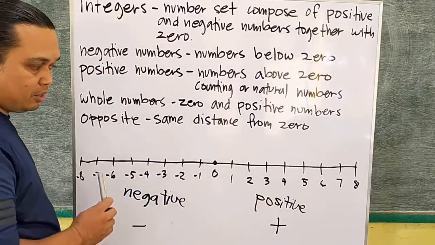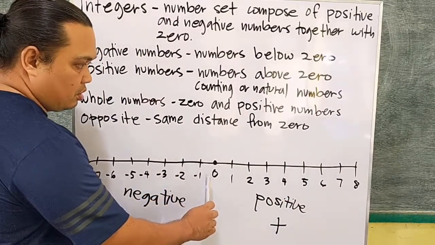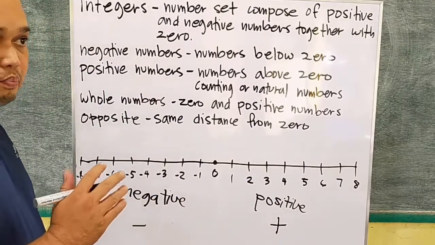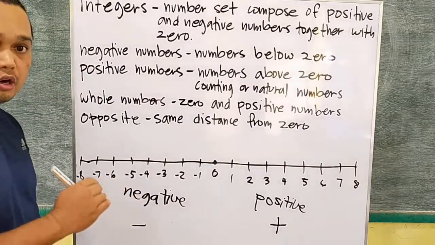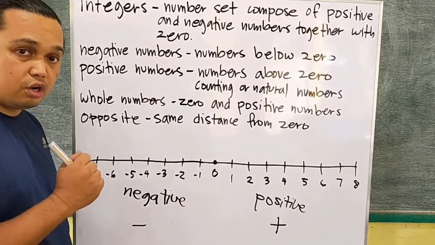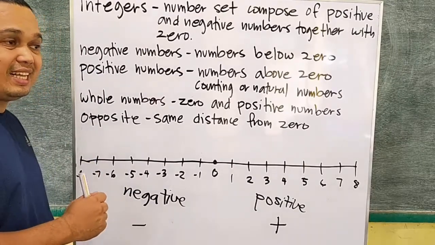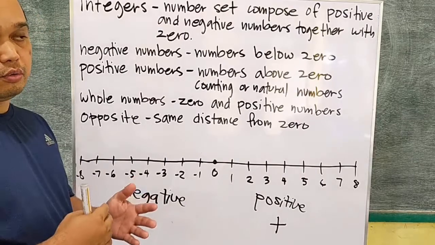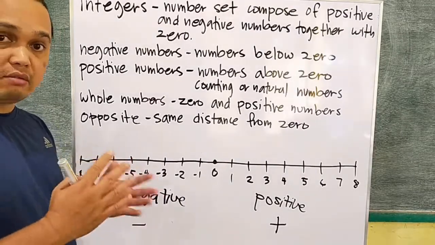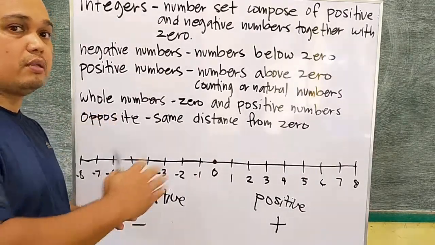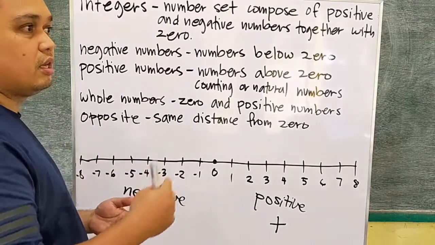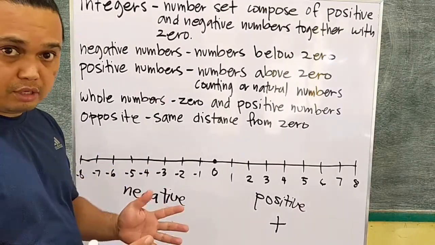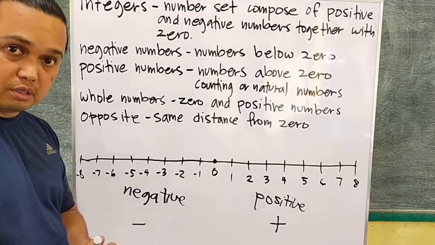Numbers from 0 above are called positive numbers, whole numbers, or counting numbers. They are the natural numbers because they are above 0. If you count from 0 to 1 and onwards, those are countable numbers, and they are called natural numbers or whole numbers.